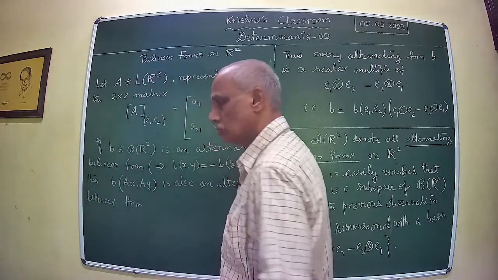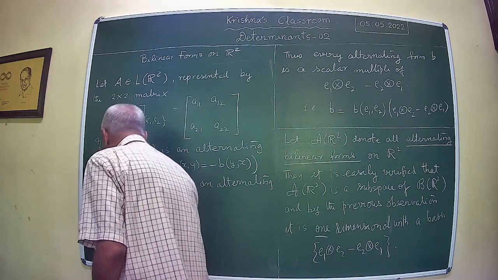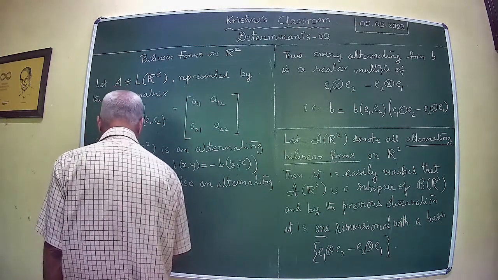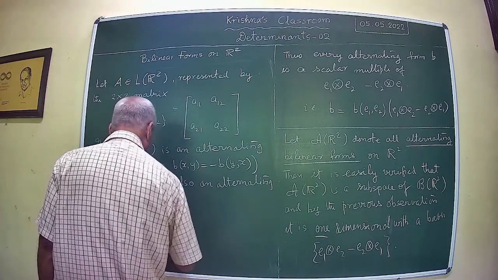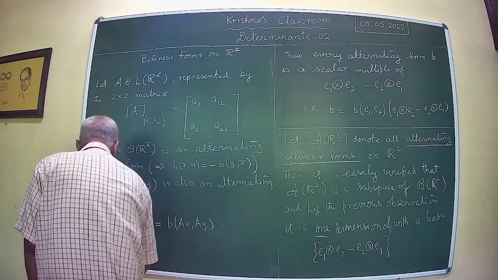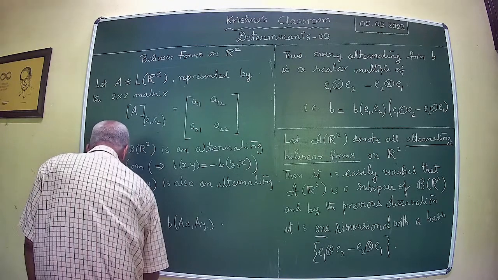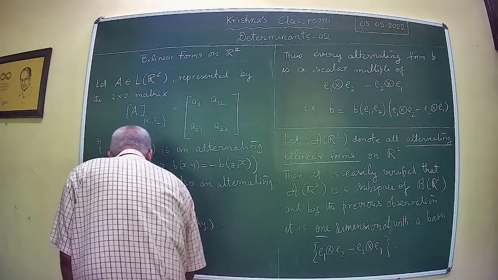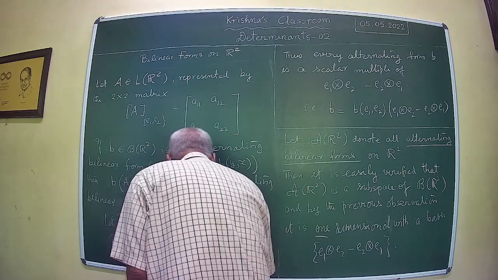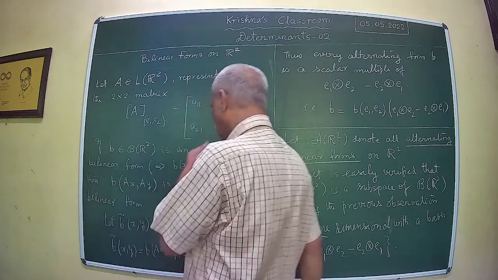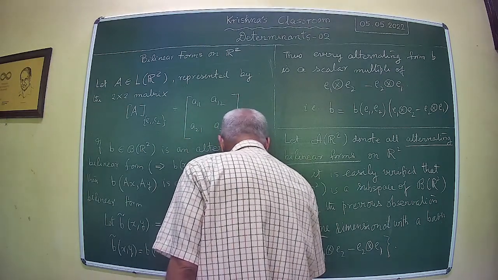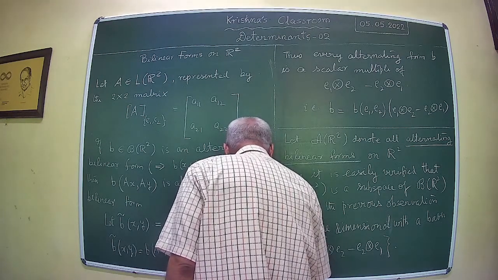Okay, let us prove this. So let, then we have B tilde xy equal to B of Ax Ay, which is equal to minus B of Ay Ax, which by definition is minus B tilde yx.